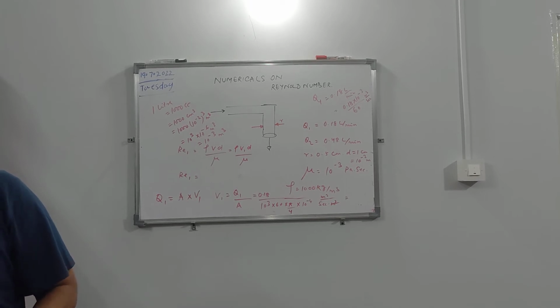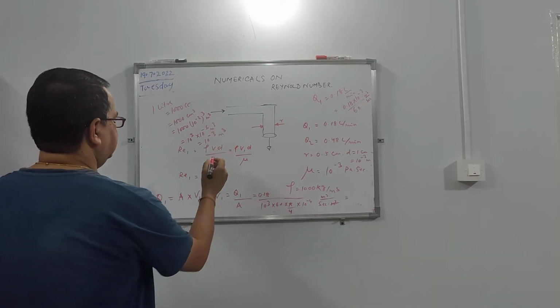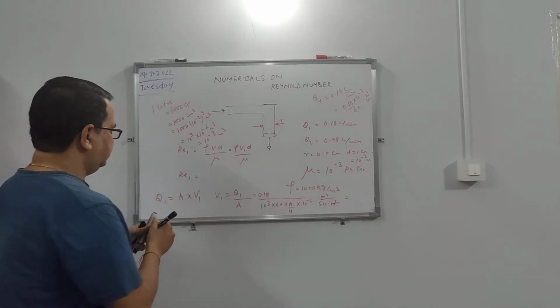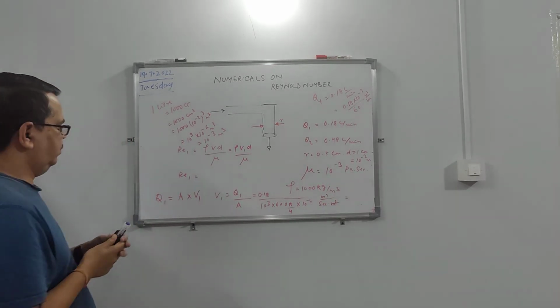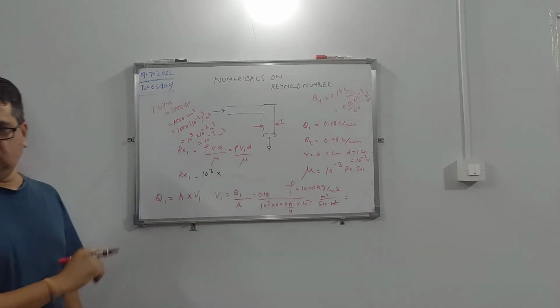So my Re1 becomes, let me write it. My rho was density, which is equal to 10 to the power 3 kg per meter cube, into velocity.